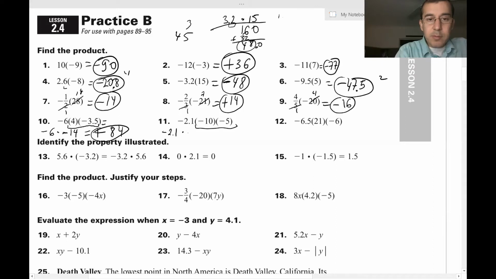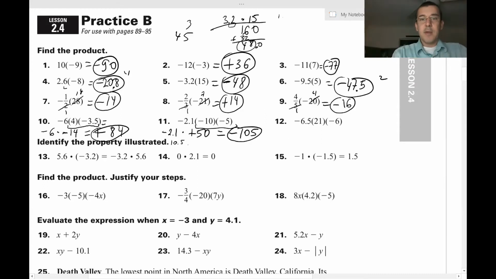We have two numbers with the same sign. Plus is the product. 5 times 10 is 50. Then we're multiplying two numbers with different signs. Minus is the product. And then what is 5 times 2.1? No, 5 times 1 is 5, and then 5 times 2 is 10. It's 10.5, and then we have this 0, so it's 105. So this is minus 105, the answer.